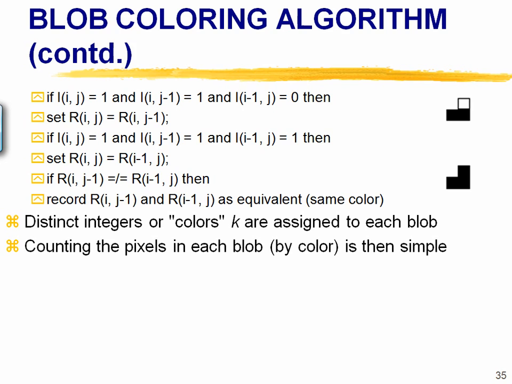It's possible that you assigned this pixel a color and this pixel a color, and these two are actually different colors. Does that make sense? Because when you got to this pixel, all you checked was this pixel and this pixel, and both of those were white, so I assigned this one a new color. So when this condition is valid, you have to reassign the colors for this pixel as well as this pixel to be the same as this one.